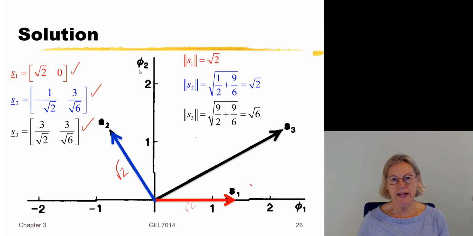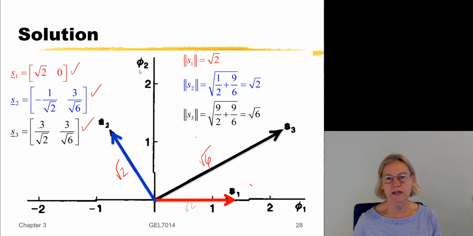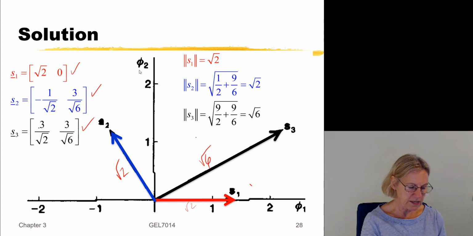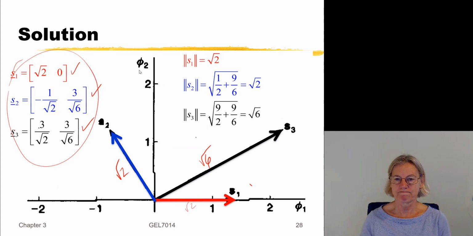They're actually the same length. But we can see that S3 is now square root of 6 is the length of S3. So from these coordinates, we can plot these vectors, and we have a representation of these particular signals in a signal space.